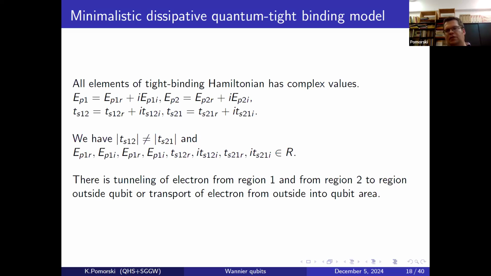In such a case, this Hamiltonian preserves the normalization of a quantum state. But if you add dissipation, as a possibility that some electrons can escape, then quite naturally you are adding imaginary values. And this is more realistic from a technological point of view.